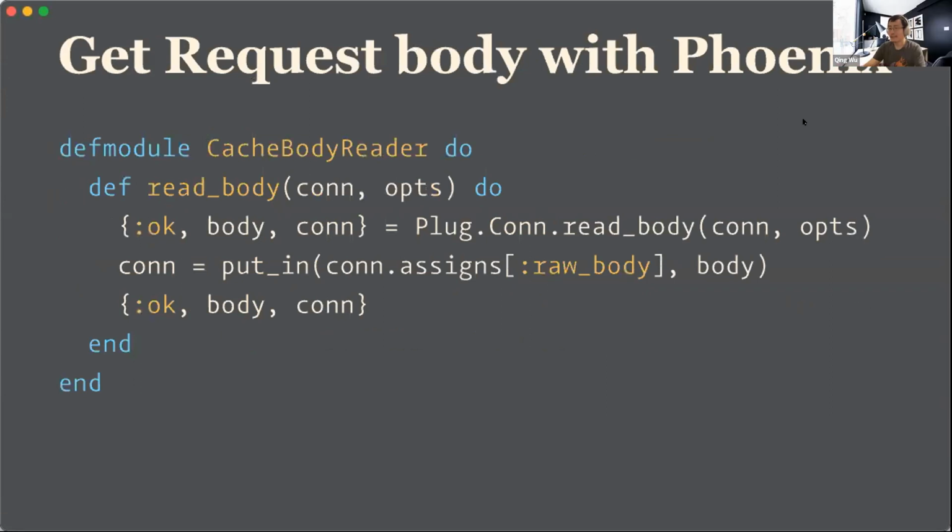I think this one was actually from, if I'm remembering correctly, the plug documentation somewhere. Yeah, I think it's becoming more and more common for people to need the raw body for one reason or another.